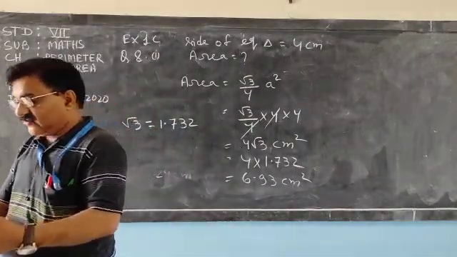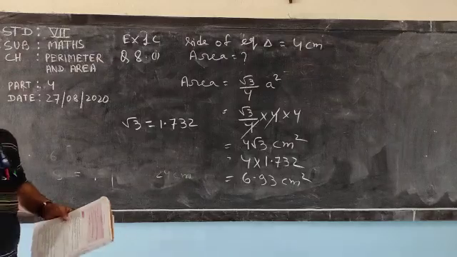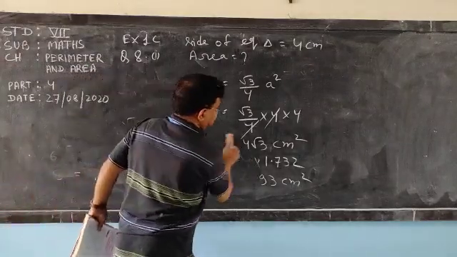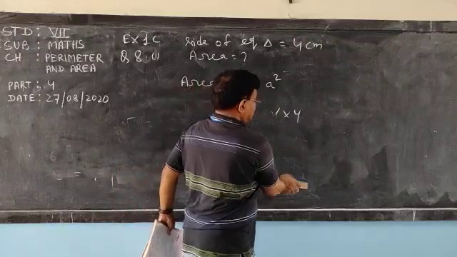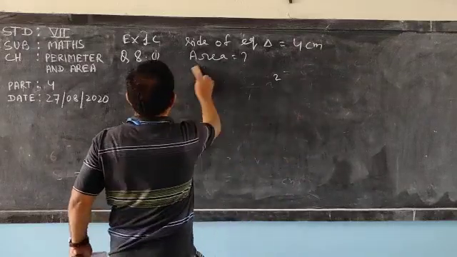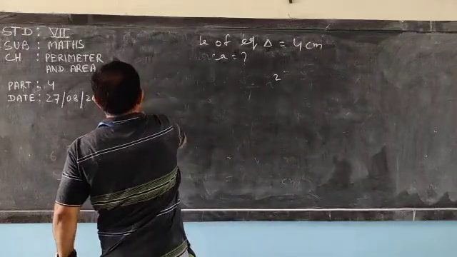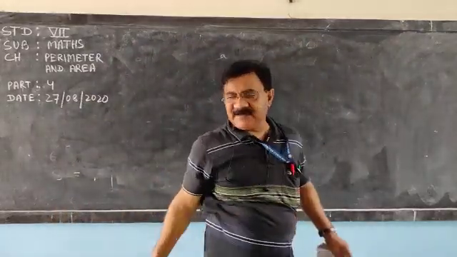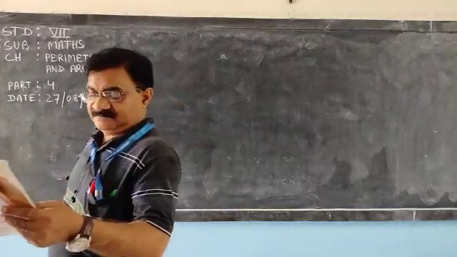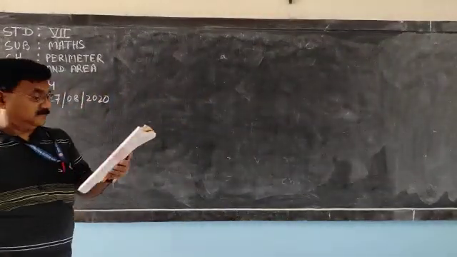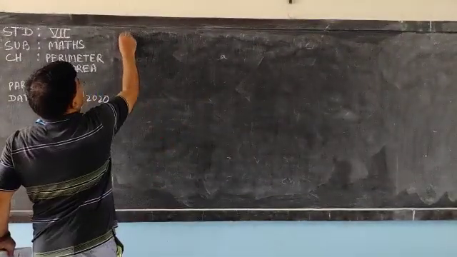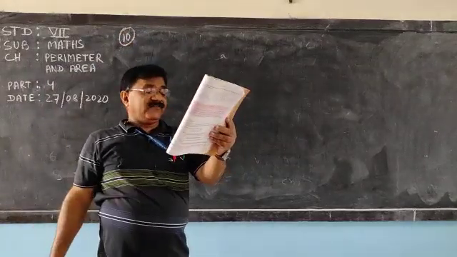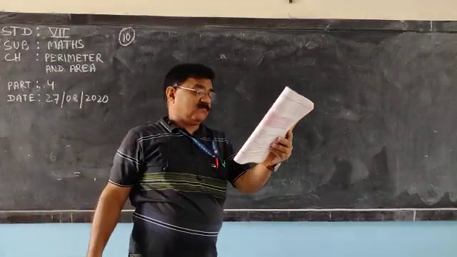Now let us see question number 10 of this exercise. What is given in question number 10? Let us see. Area of an equilateral triangle is given.